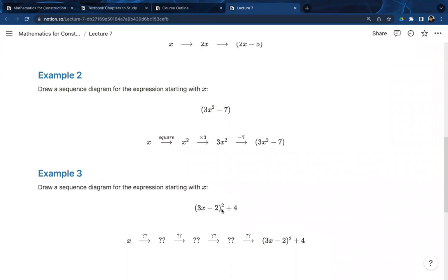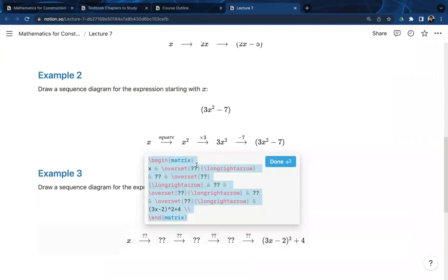So if I had to substitute a value in here, if you look at the brackets, it's 3x minus 2. So I work out brackets first. So you're going to square after you deal with the 3 and the 2. But the order of operations says to do multiplication before subtraction. So I need to multiply by 3 first.